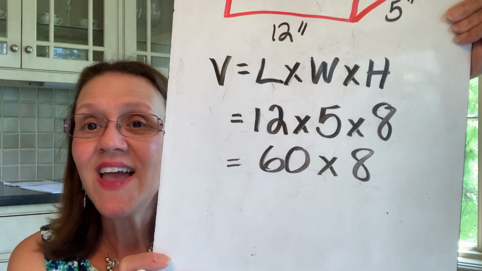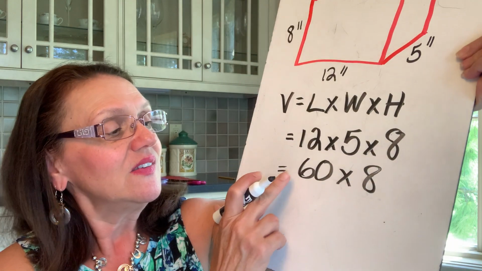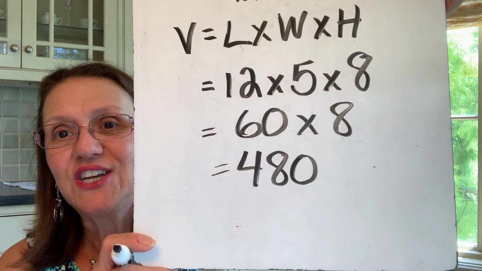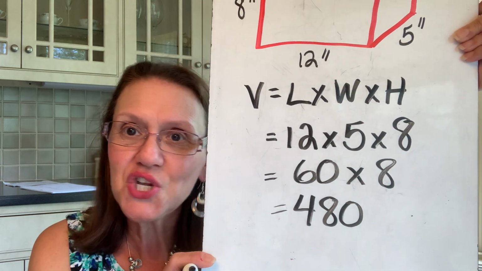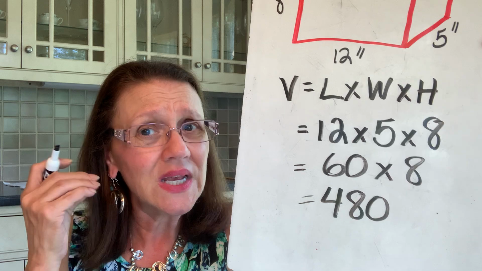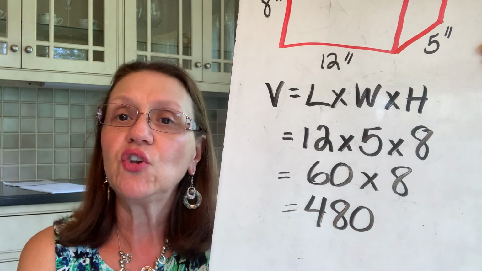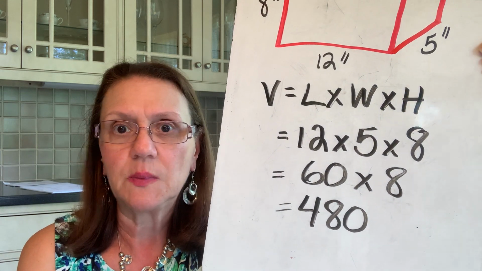Now I can use the tens trick to do 6 times 8, which is 48, place my 0, and I have my calculation. So I know, use your properties of multiplication to make things easier so that you can calculate mentally rather than having to write it down. It goes much faster and it's much easier.